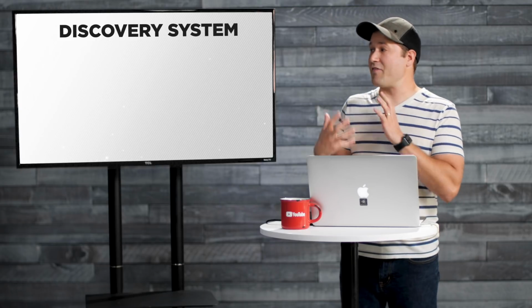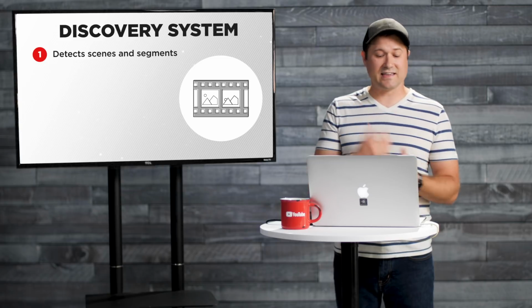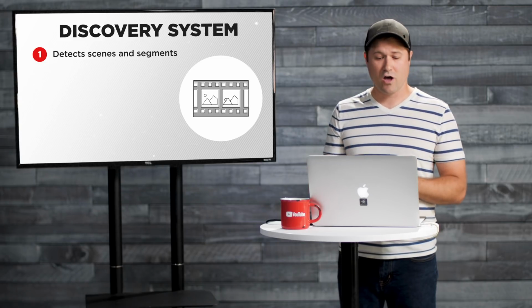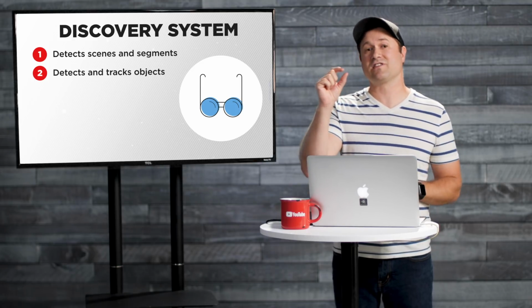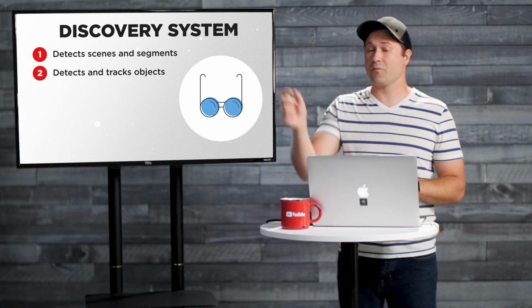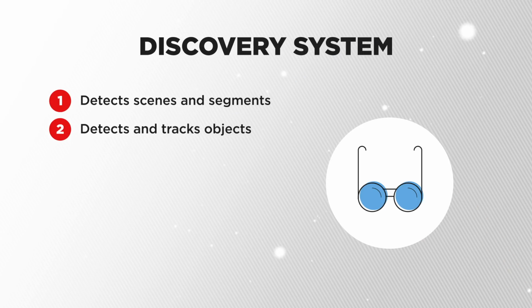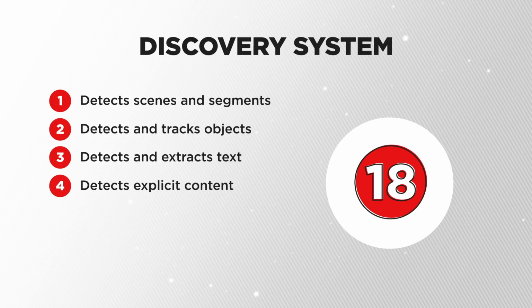So what kind of things can their AI detect? Well, they've told us that their AI can detect scene changes in different segments, which we've already seen. They can detect and track objects. So they can see this is a pair of sunglasses, and they can track it as it moves across the frame or a different part of the video. They can detect and extract text from the image. They can see if there's explicit content going on here.